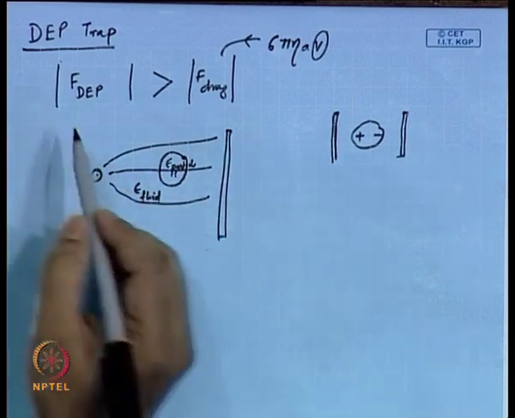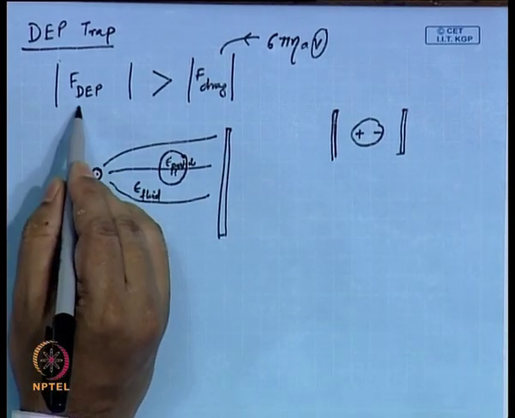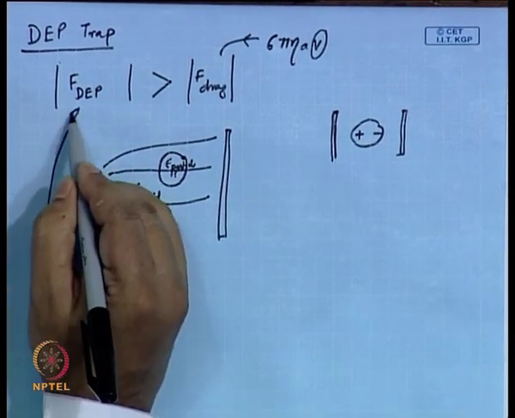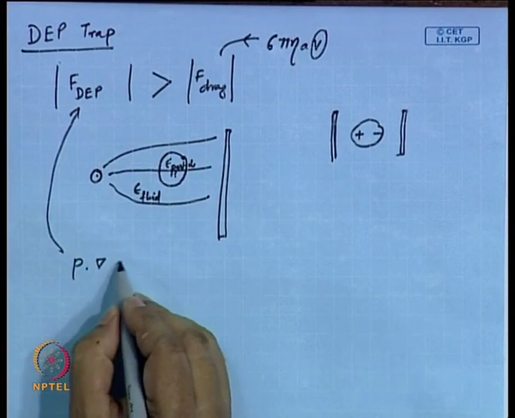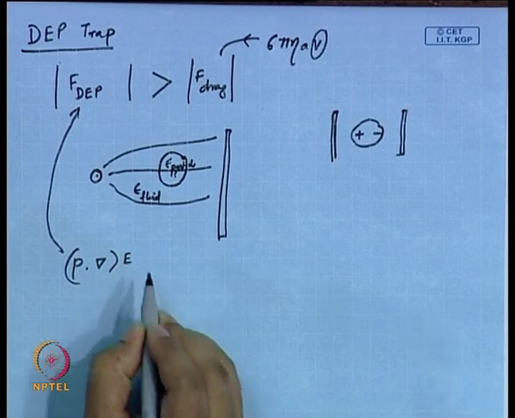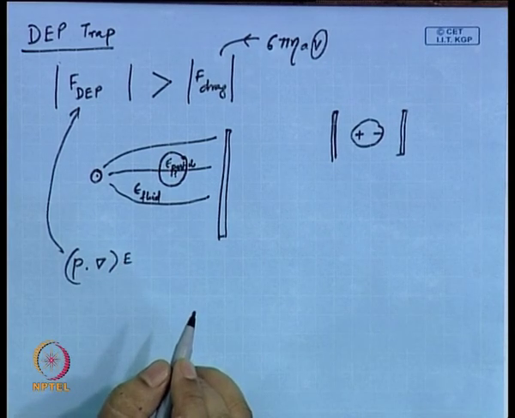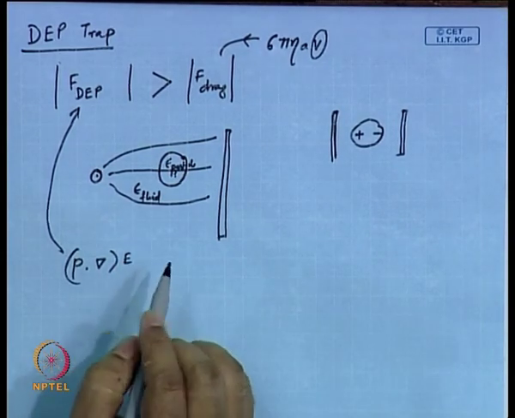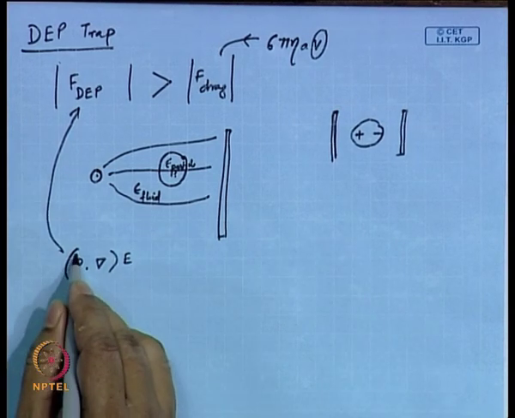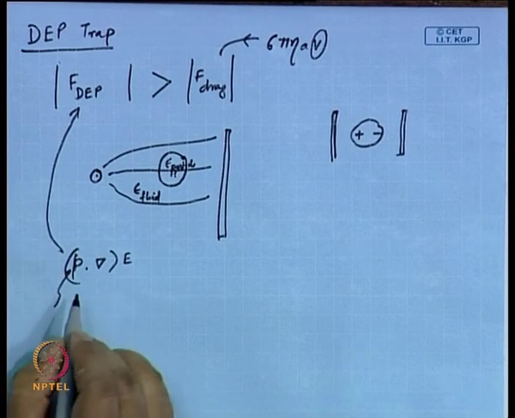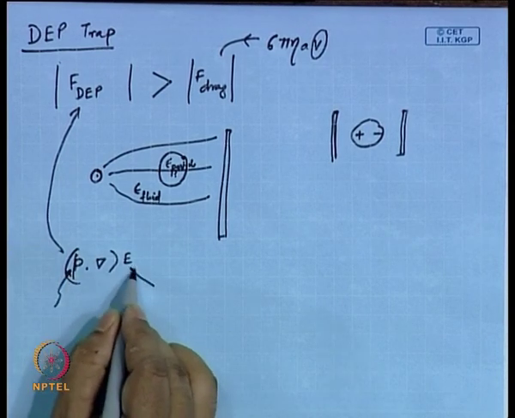Now, for the FDEP part, we have pointed out FDEP as something called P dot delta of E. This we already understood, and in the last class we were trying to find some expression for P and some expression for E, right.